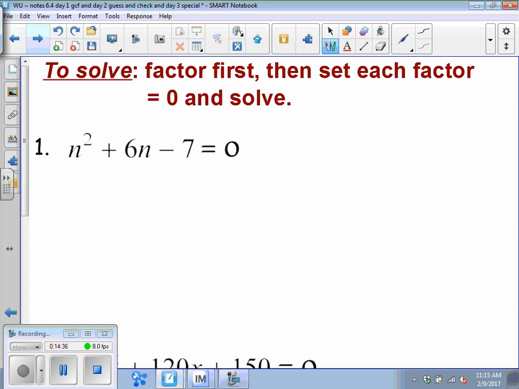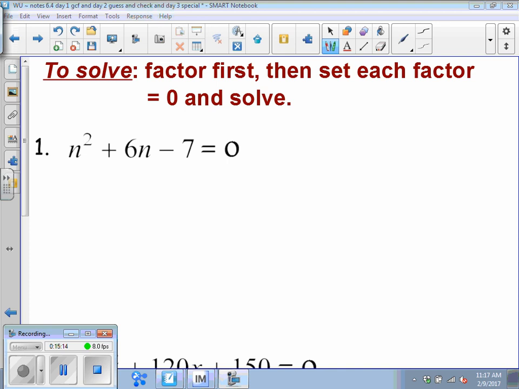Remember, to solve, first you factor it, then you set each factor equal to 0 and solve them individually. Okay, so we need to factor this first.